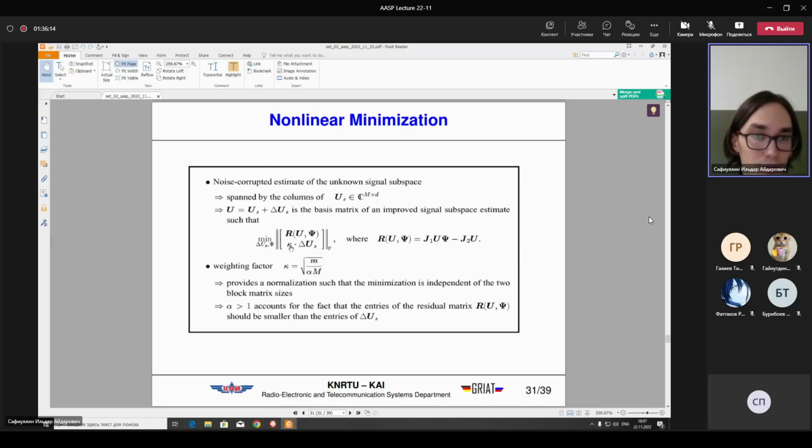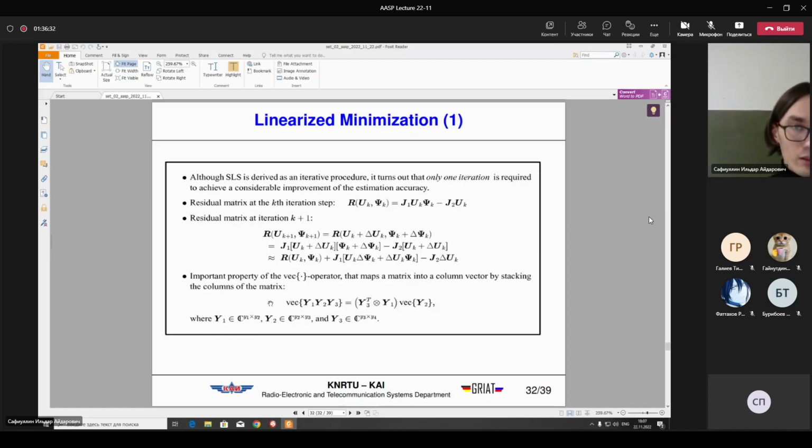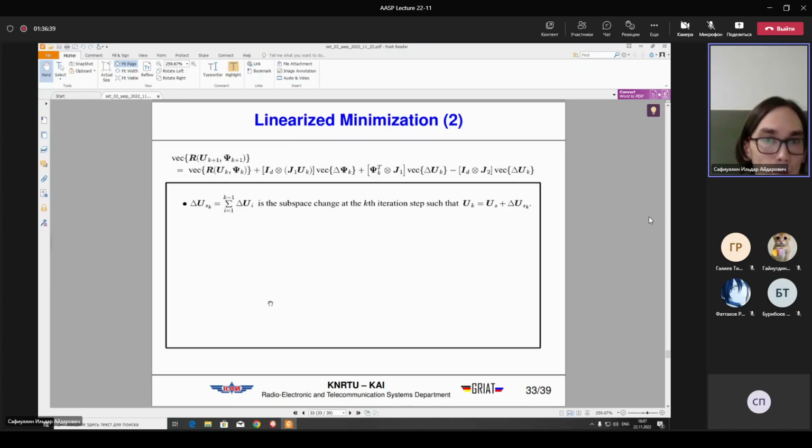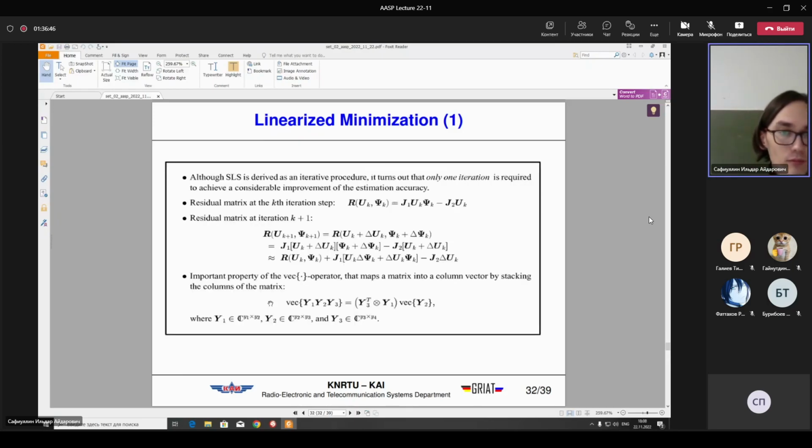So this minimization. And for alpha, we need to take a value greater than 1.